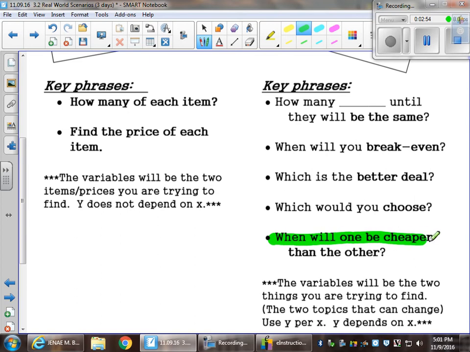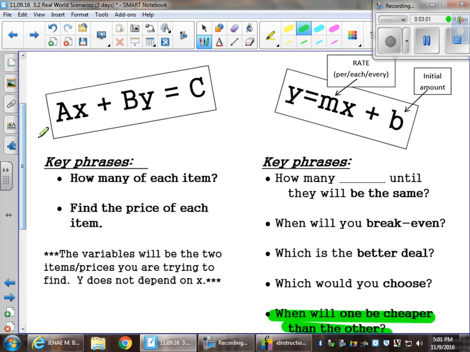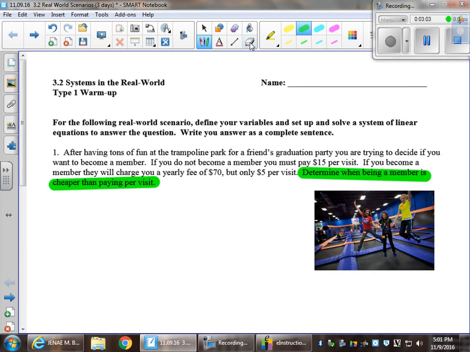When will one be cheaper than the other? That is a y equals mx plus b system. And we're actually going to write that down right at the top. Y equals mx plus b system.